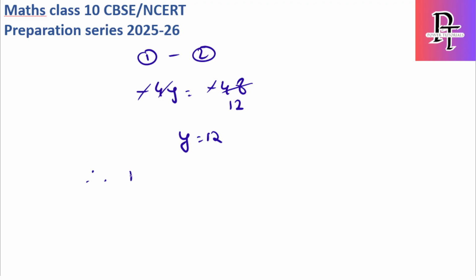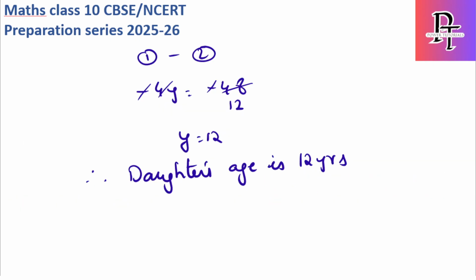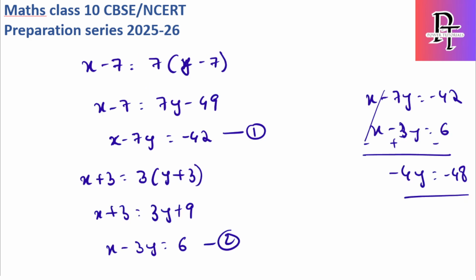Therefore, daughter's age is 12 years. But they are not asking only the daughter's age, they are asking both the ages, Aftab and daughter. So for Aftab, I will use equation number 2, because here the numbers are small. x minus 3y is equal to 6, I will use it.